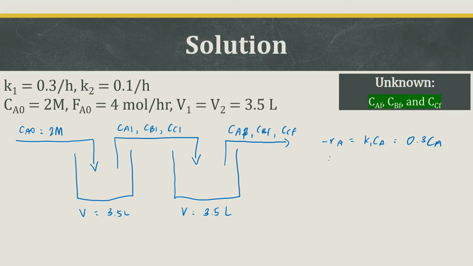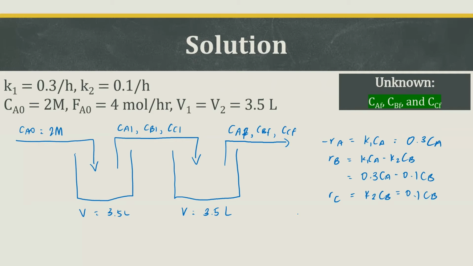For B, the formation of B is equal to k1 CA minus k2 CB, so that's 0.3 CA minus 0.1 CB. Finally, for C, that's simply k2 CB, or 0.1 CB.